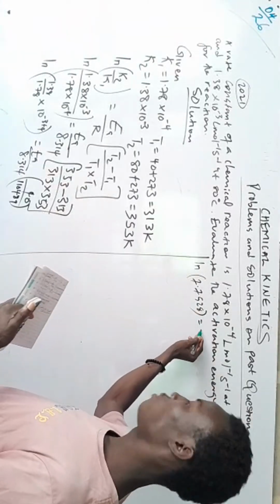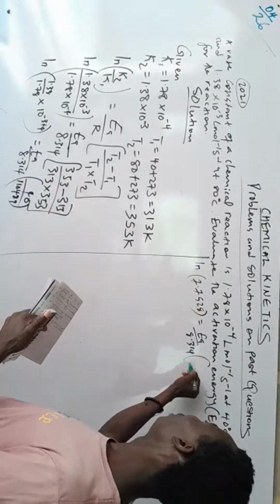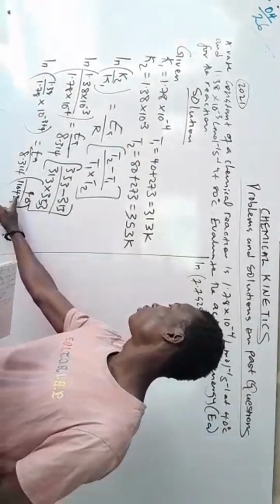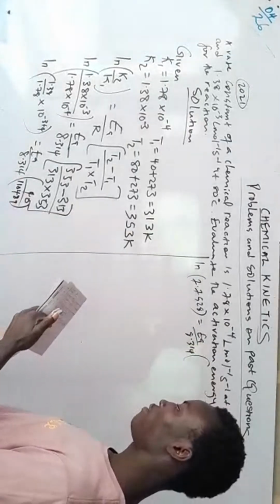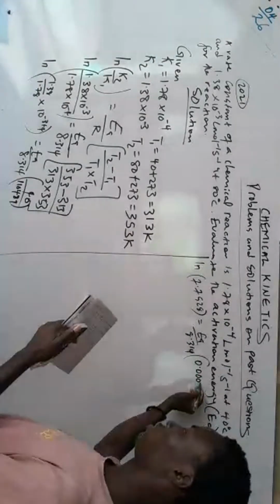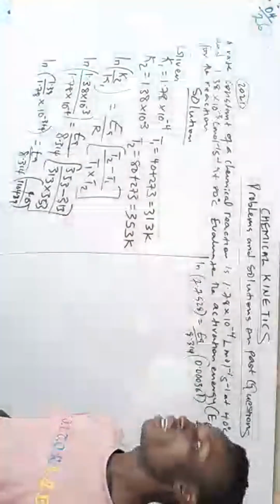Then into bracket, we are going to have EA over 8.314. Now when you solve what you have here, 40 divided by this value, eventually it's going to give you 0.000361.